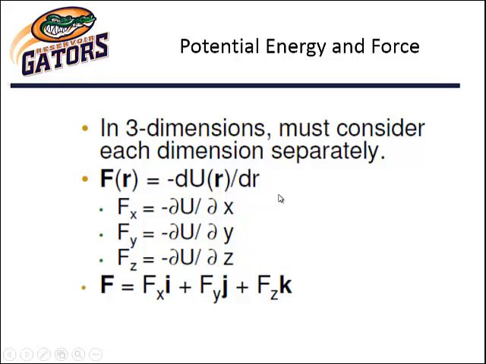Well, if the potential energy depends upon x, y, and z, your location in that 3-dimensional Cartesian coordinate system, then the force is going to be applied in those 3 dimensions as well.